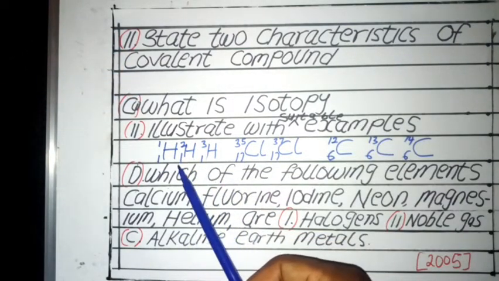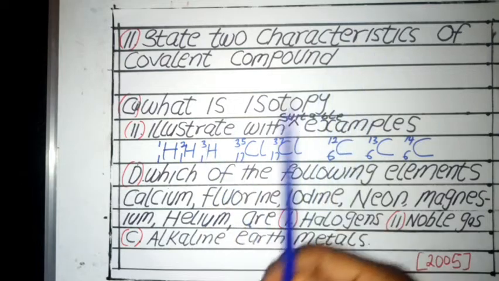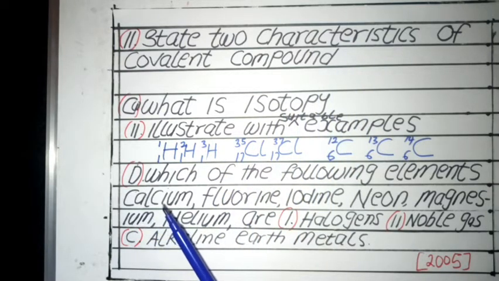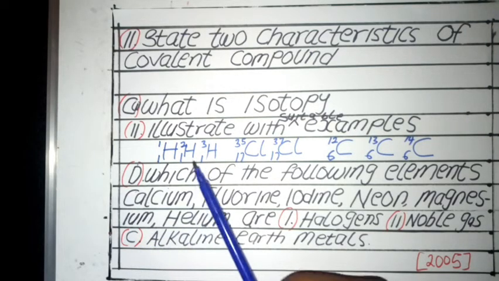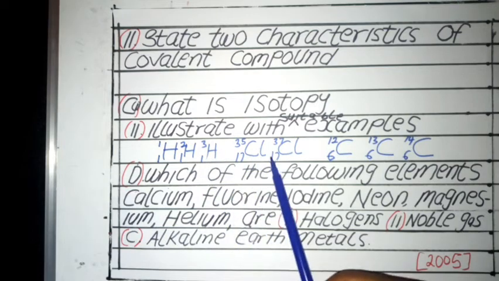Okay, you can see these are examples of isotopy. Remember, existence of 2 or more atoms of the same element having the same atomic number but different mass number. They are called isotopes.